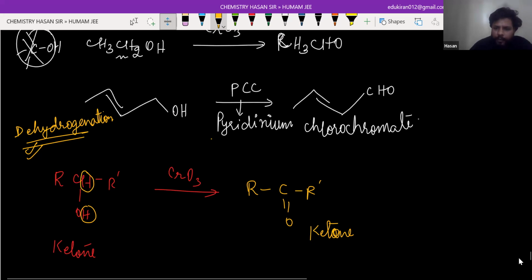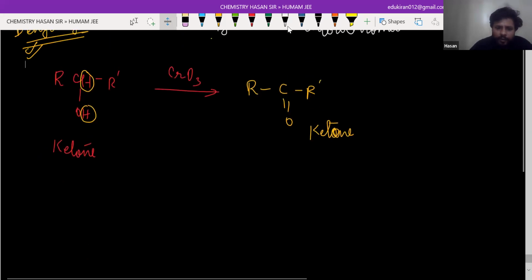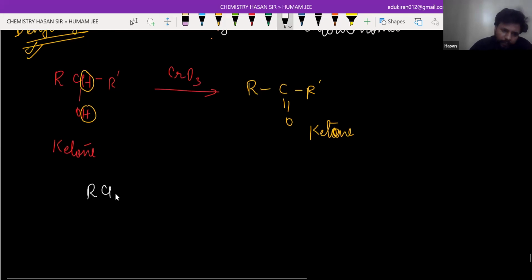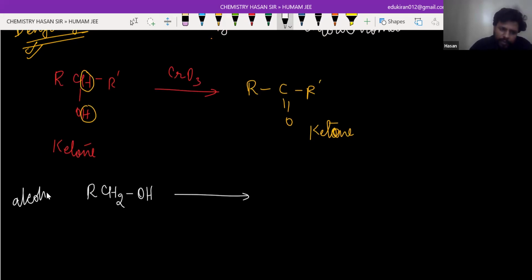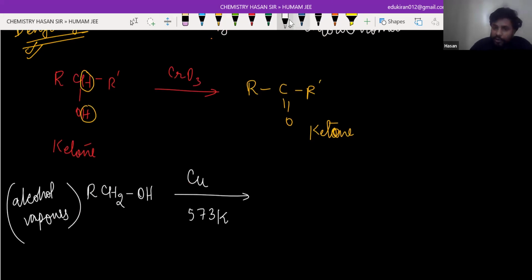Now we can use another reagent. If you have a primary alcohol, this should be alcohol vapors basically. Why is it so? You know that if you pass this through heated copper at 573 Kelvin, the temperature is very high, much more than the boiling point.